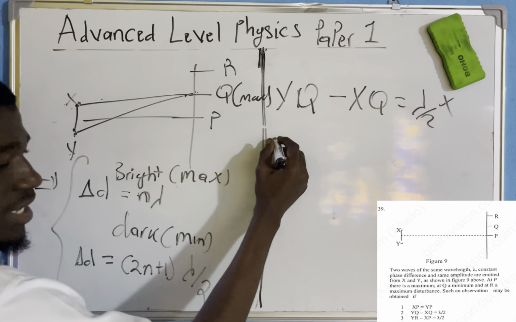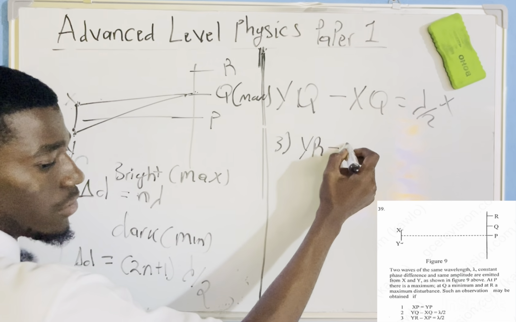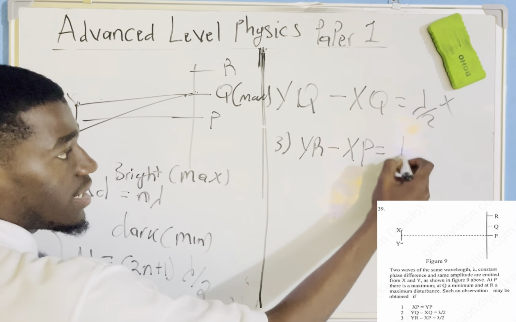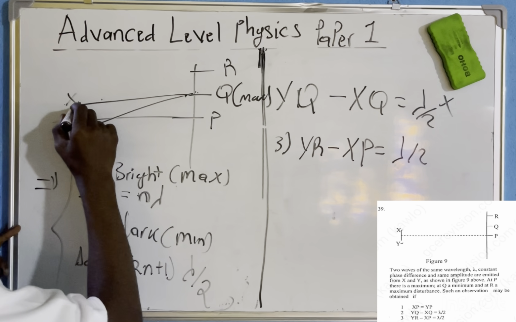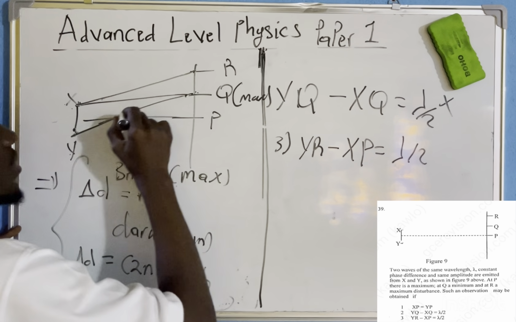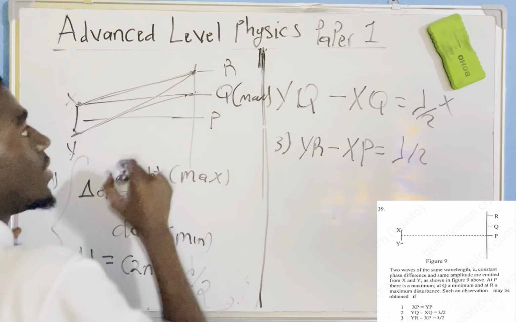Now let us move to the third one. The third one is saying that yr minus xr is written as lambda all over 2. This one is very correct, because if I calculate the path difference between here and this, this is where the interference is formed.